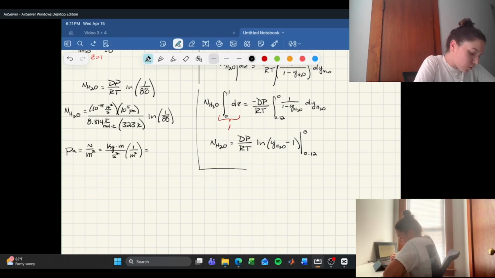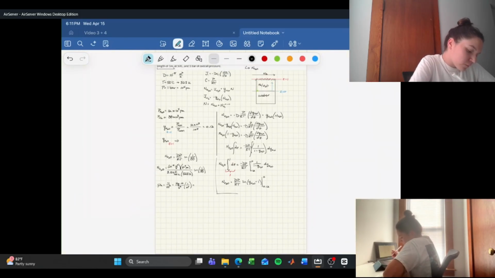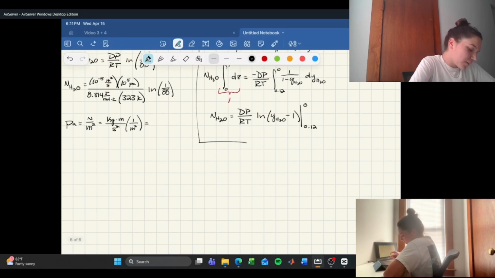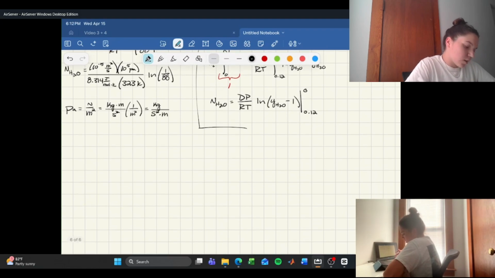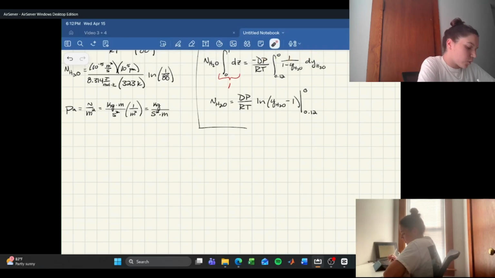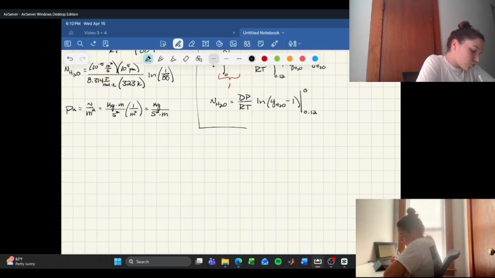So then we can change the pascals to be in kilograms per second squared times meters. We also have an issue with the joules. So joules is going to be a Newton meter, which is going to be kilograms times meters squared per second squared. So let's rewrite this down here.